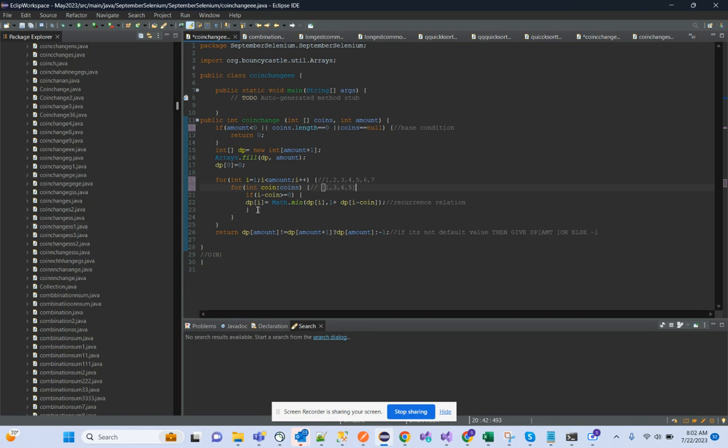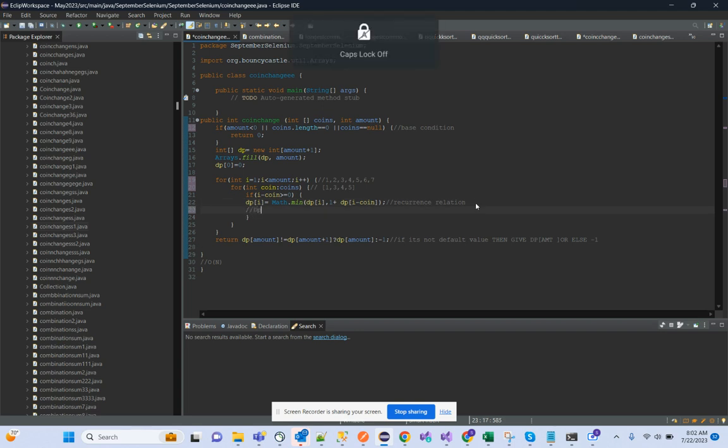And when it comes to DP of i, we are taking the minimum coins of DP of i by itself, and then I'm taking 1 plus DP of i minus coin. The same thing which I showed you: if I want to make DP of 7, let me show you again. If I want to make DP of 7, exactly what I need is 1 plus DP of 7 minus 4.